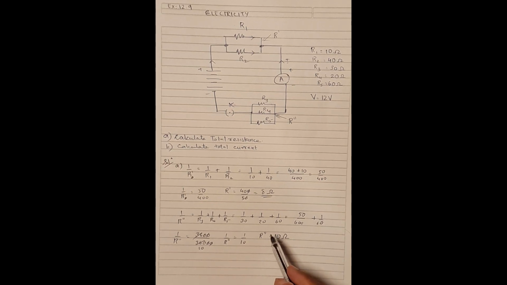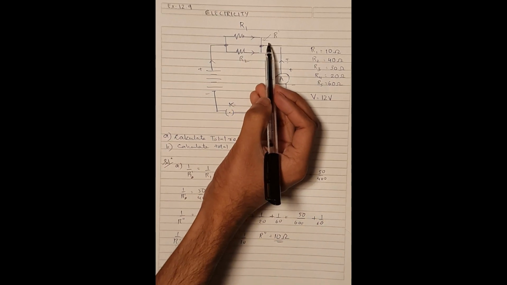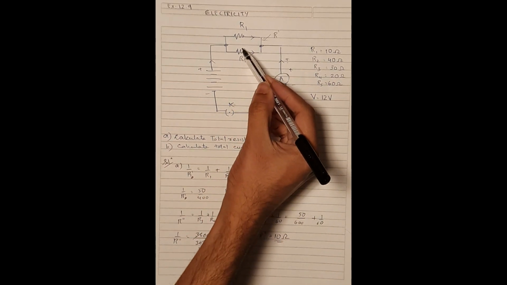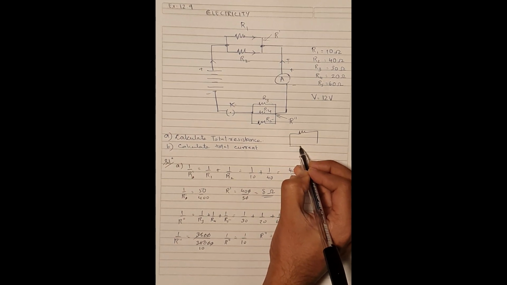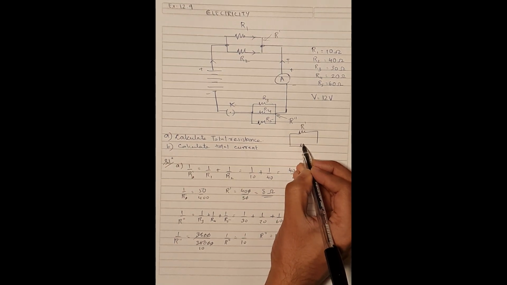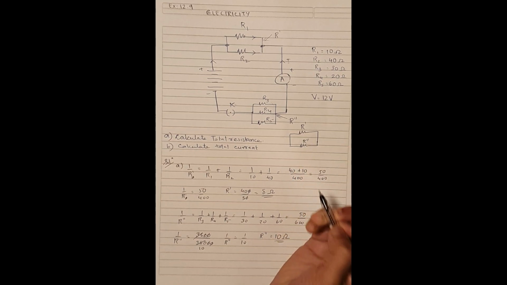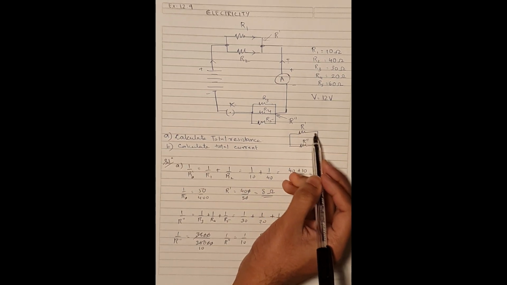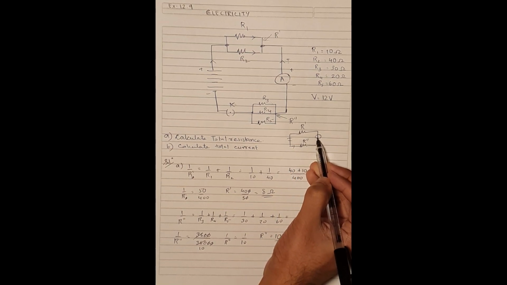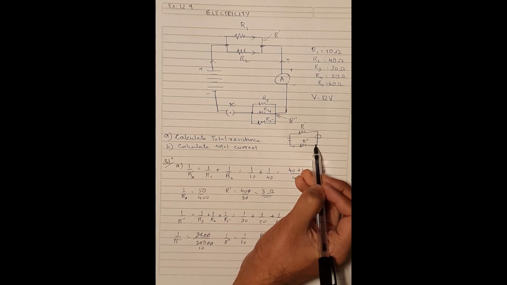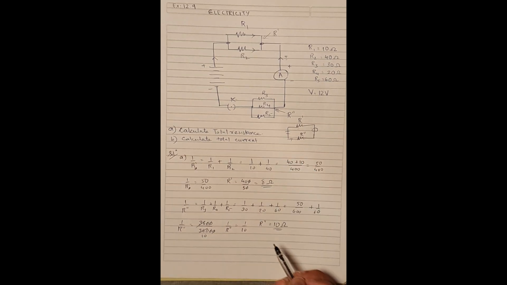So we have calculated R double prime and R prime. So now we can draw the equivalent circuit as two resistances in series, right? Here is R prime, here is R double prime. We have the voltage source and the key, and these are now in series.